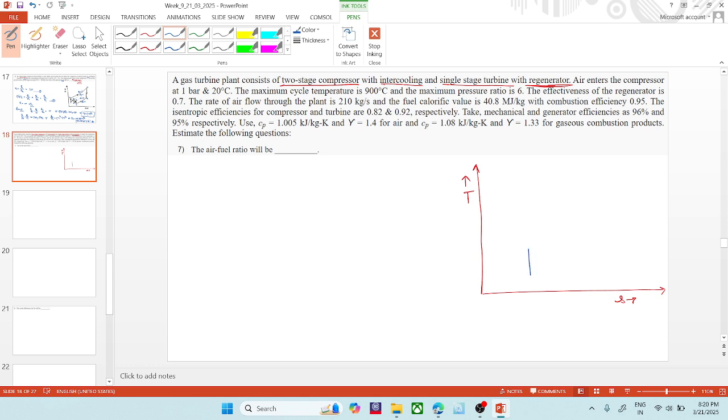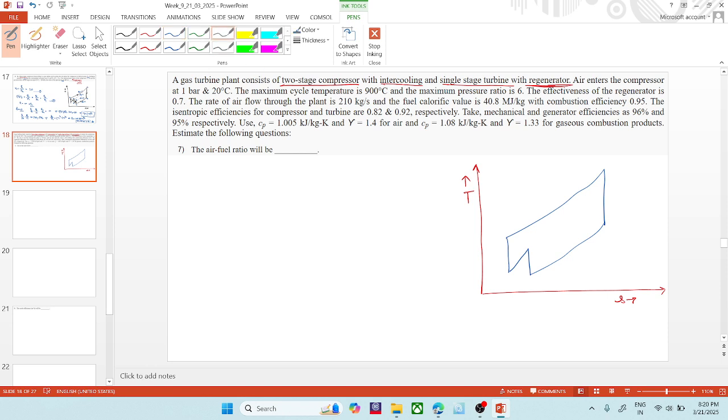This is the first stage, then come like this. This would be the second stage, go like this, single-stage expansion, and okay. So like this would be the cycle.